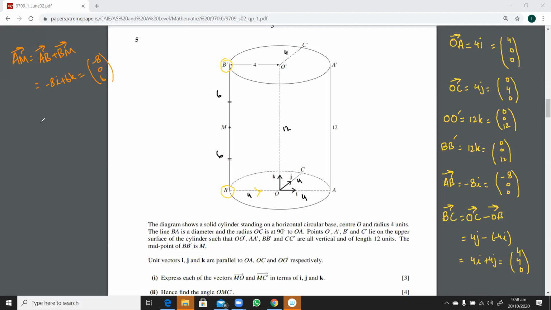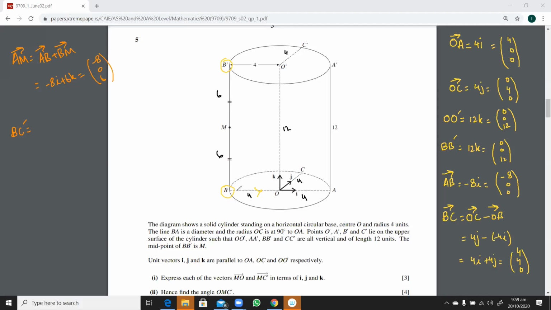Okay guys, now let's go in all three directions. Who would tell me what is the vector BC dash? 4i, 12k, 4j. Yes, you can tell this in mixed form.